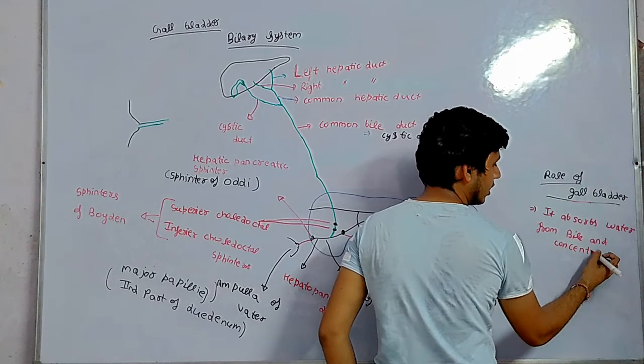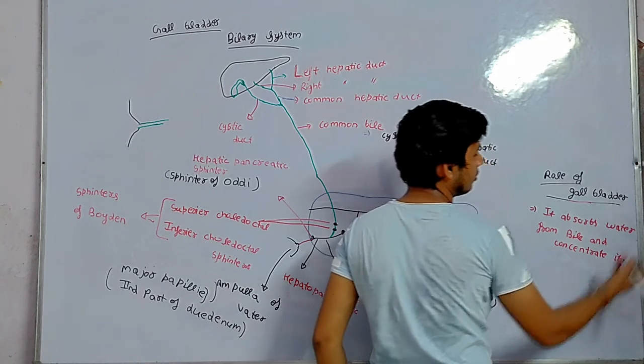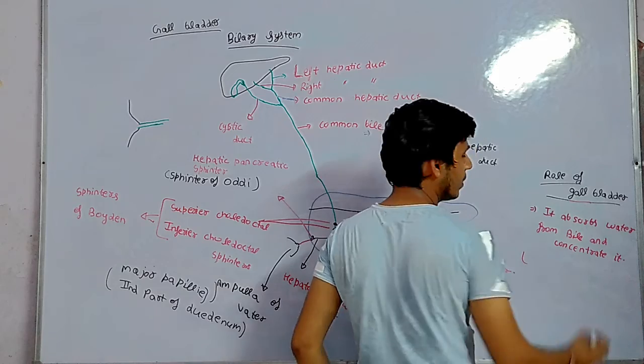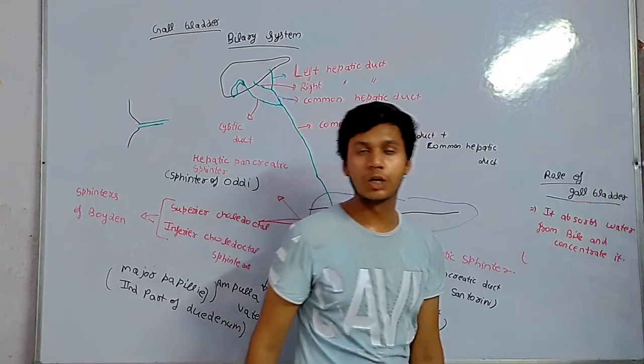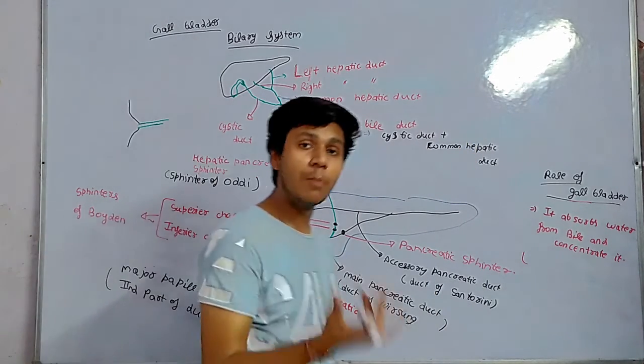Then what is the epithelium of the gallbladder? For absorption, which type of epithelium do we have? Basically, columnar epithelium.